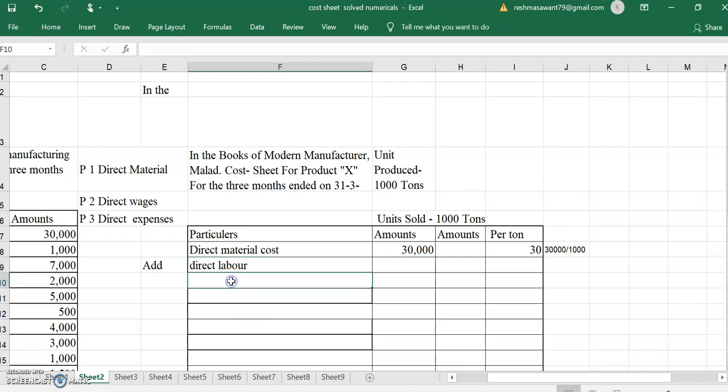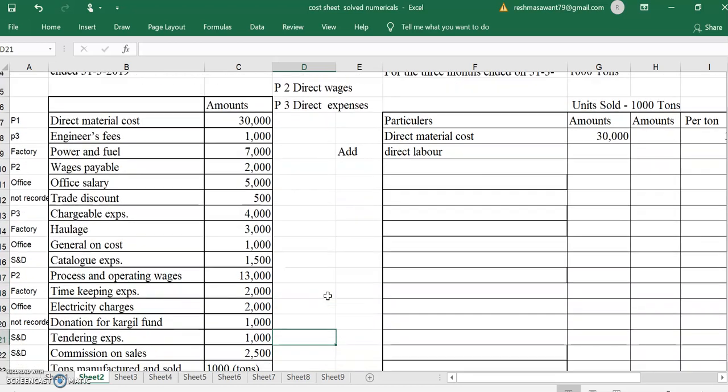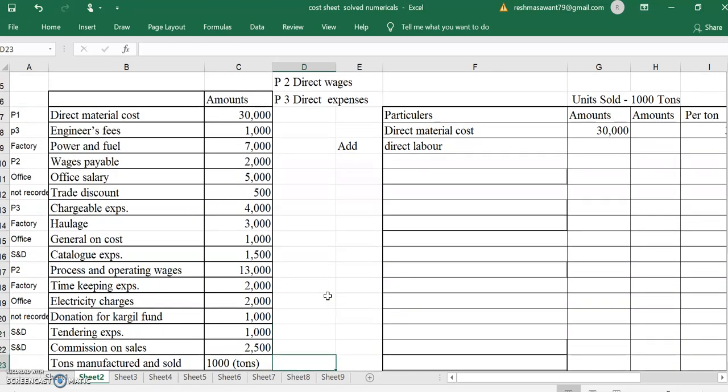First, direct productive wages, or you can say wages payable, as well as process and operating wages.